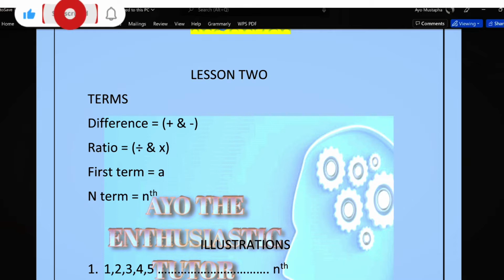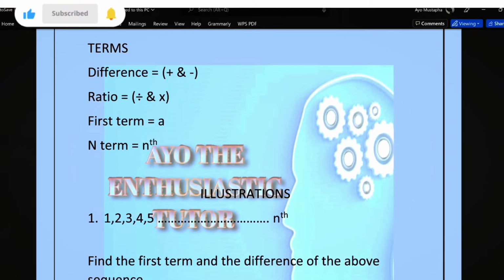Difference is plus and minus, ratio is division and multiplication. Our first term is represented by A, and the nth term is represented by N raised to power TH.